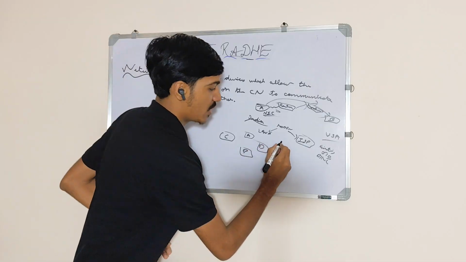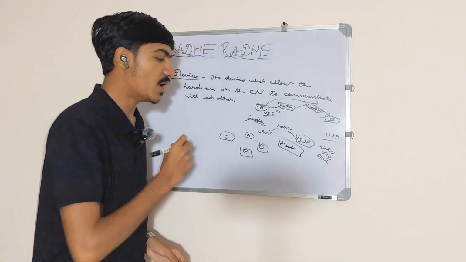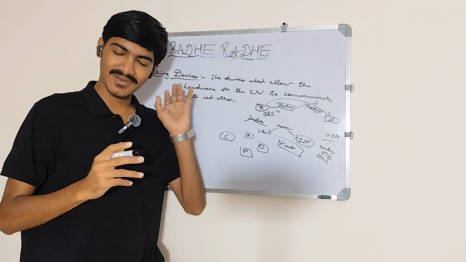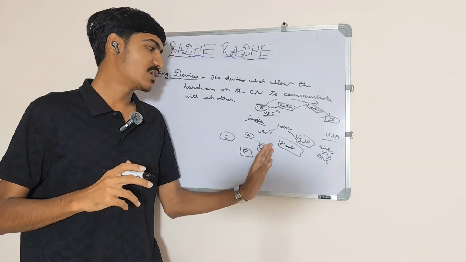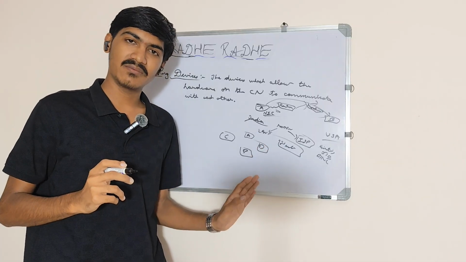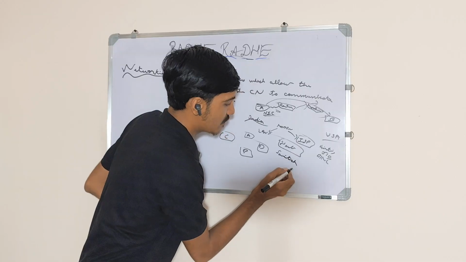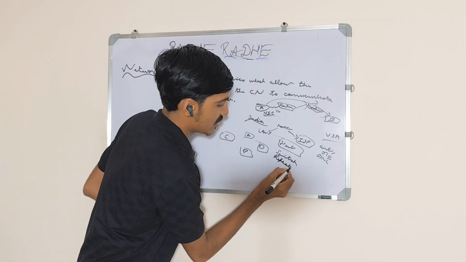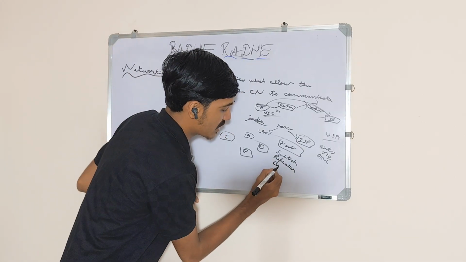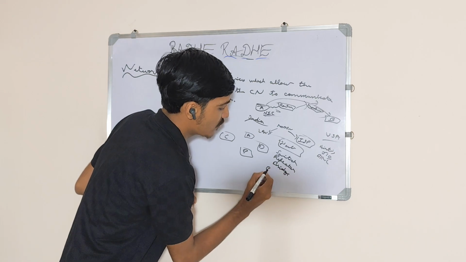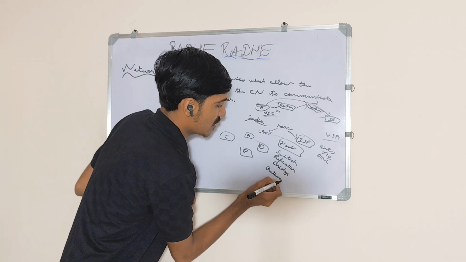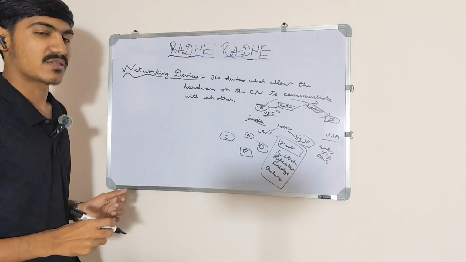The first device is the hub. Right now you can think of the hub as a networking device. We have hub, switch, repeater, bridge, and gateway. These are within-the-LAN devices.